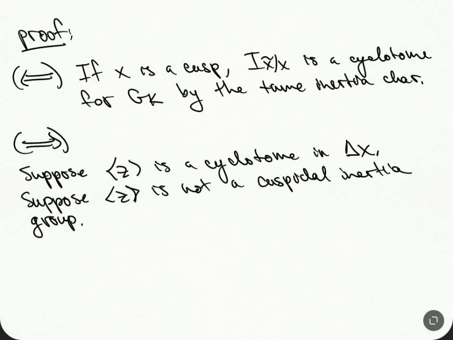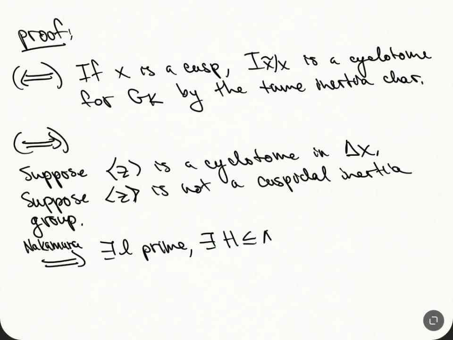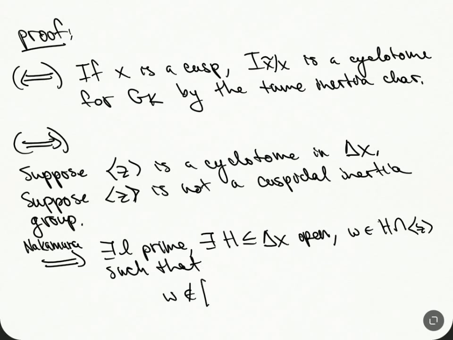Okay, so this implies, by a certain characterization, this lemma that we had of cuspidal inertia groups, that there exists some prime l, there exists an H which is open, and there exists some w in H intersect Z such that w is not in the group generated by the Frattini subgroup for l, H to the l infinity, and this thing generated by all conjugates of inertia.